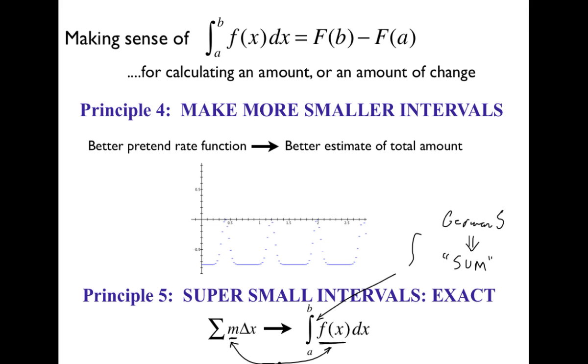And then the change in x, so m times change in x. So an integral expression is exactly the same as the sum of m delta x, summing up a bunch of little changes. It's just for super small intervals, but it represents the exact same thing.